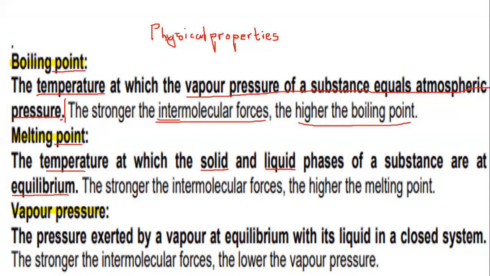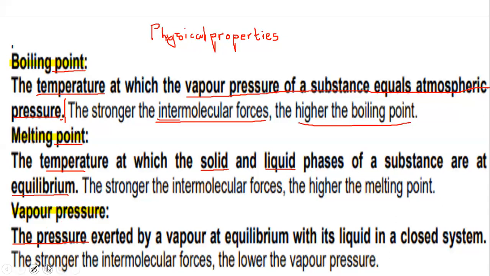Another definition that you need to know is the definition of the term vapor pressure. Now, when we define vapor pressure, the first part of the definition is to say it is the pressure. And we know it is the pressure. Why? Because we are defining the term vapor pressure.